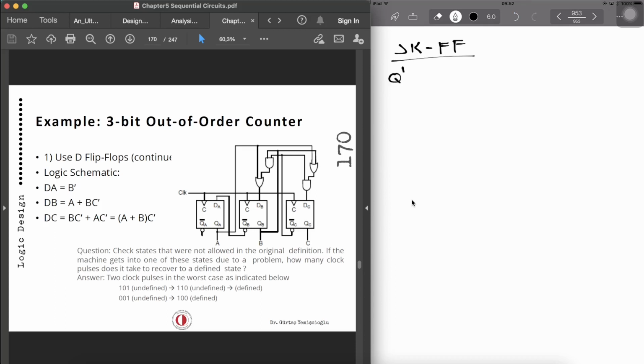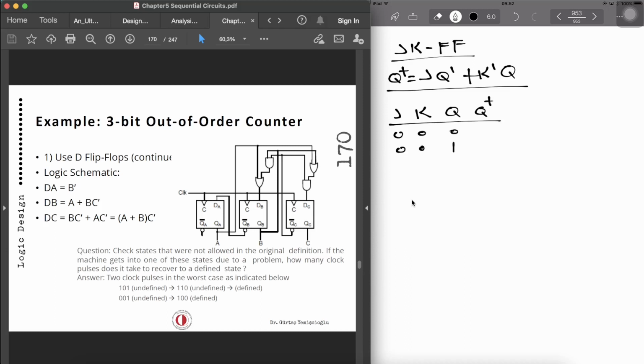So the next state equation is J Q prime or K prime Q. You can derive this if you don't remember it. Now, in our truth table or state table, we have seen that we can use 4 different states with JK flip-flops.